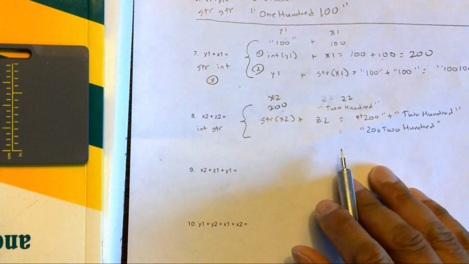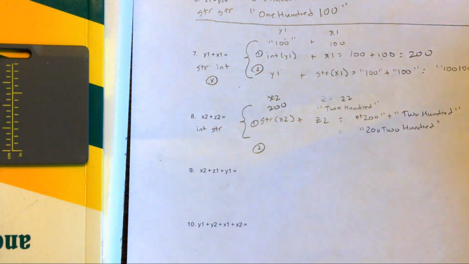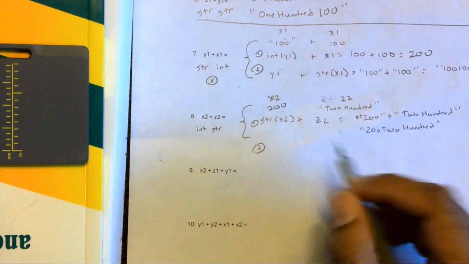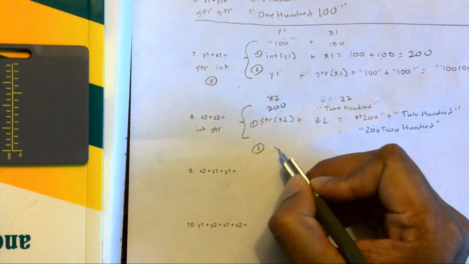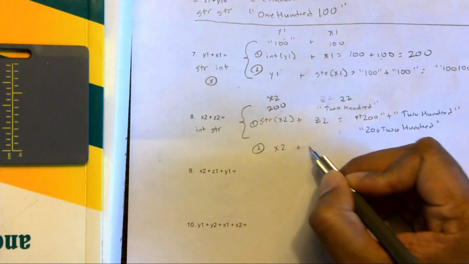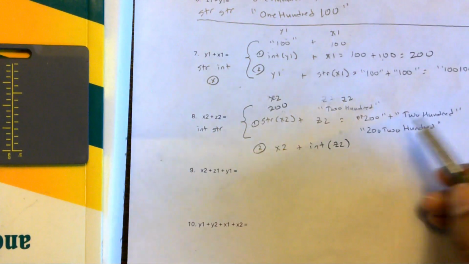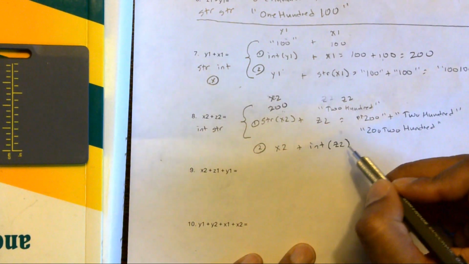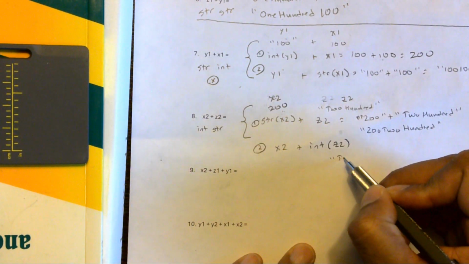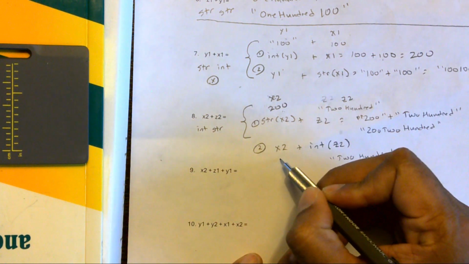Okay, now this is the first section. What about the second solution? How do we analyze the second solution? Well, since x2 is an int, let's change z2 to an int. So now it's x2 plus int of z2. But what's the problem? Let's say I take the word 200, which has quotes, and this is the number 200.